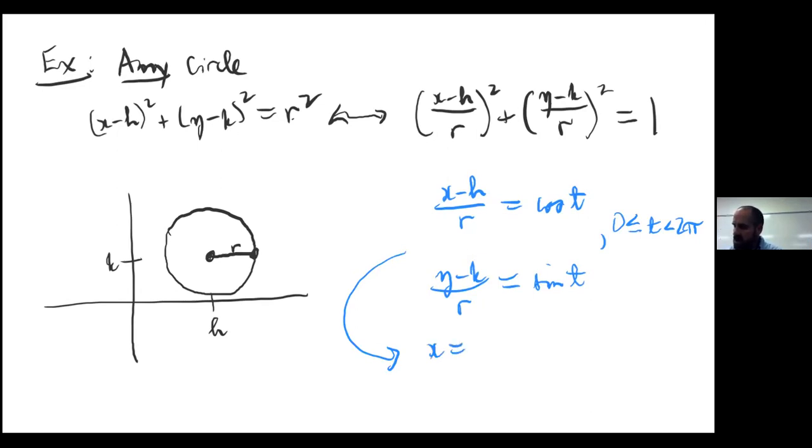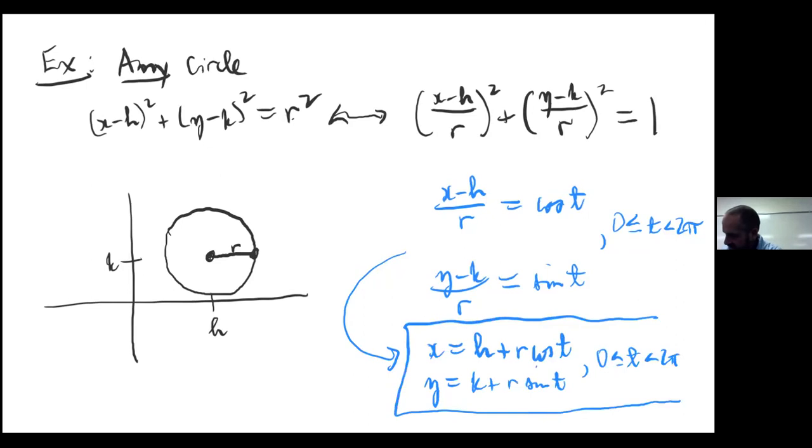If I multiply through by r and add h, it's going to be h plus r cosine of t, and y is equal to k plus r sine of t. And this is for 0 less than or equal to t less than 2 pi. There it is. This is our parametrization.